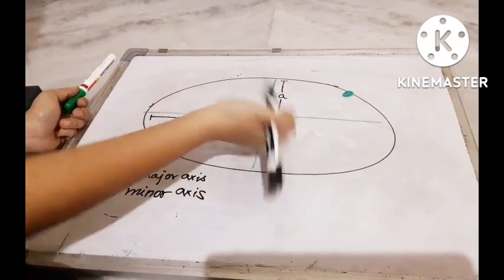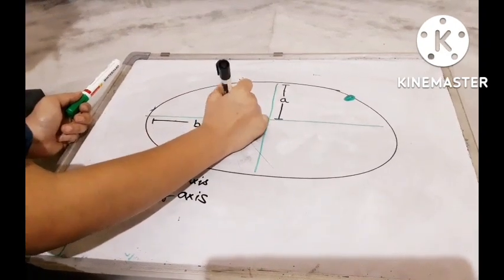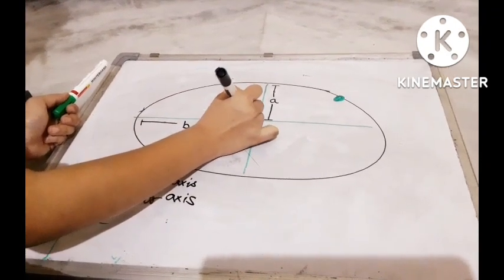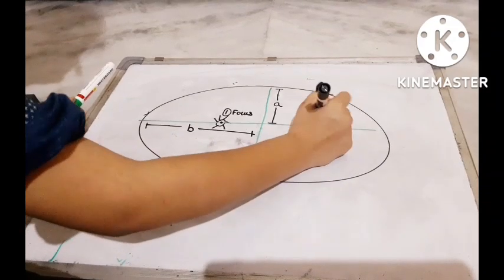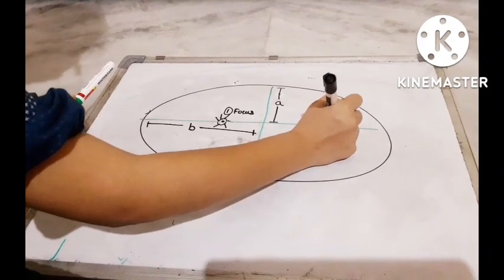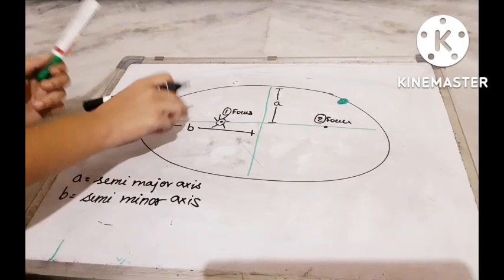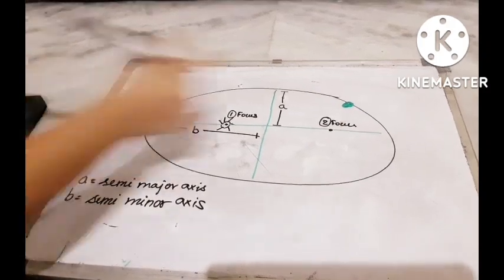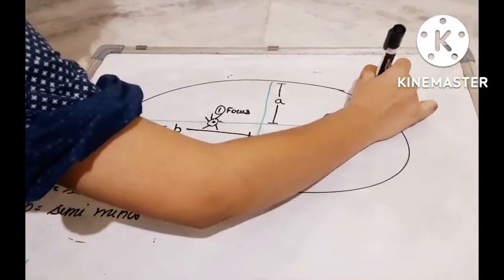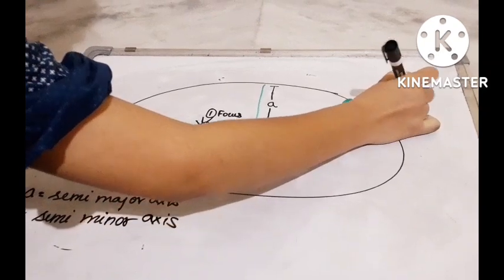Now the sun is at one of the foci, so this is focus 1 and this would be the second focus, but here we do not locate the sun. The sun will be only at one of the foci, and this is our planet.